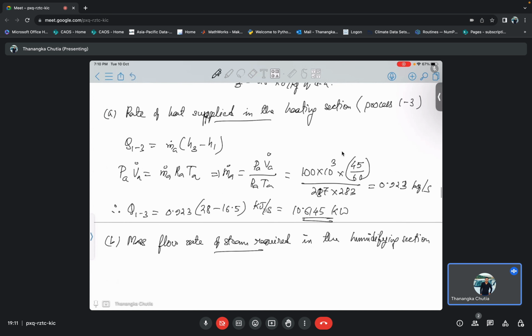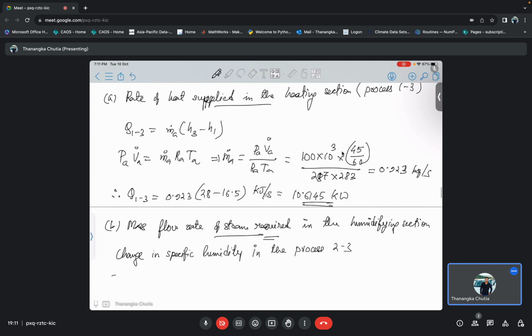So in the humidifying section, that means in the section 2 to 3, for that you have to write the change in specific humidity in the process 2 to 3, that is W3 minus W2.